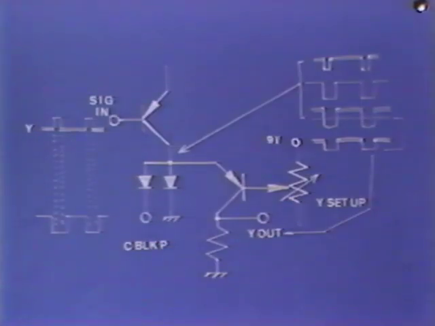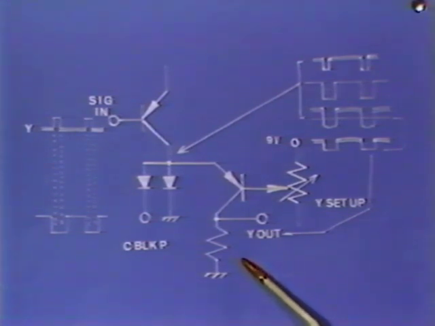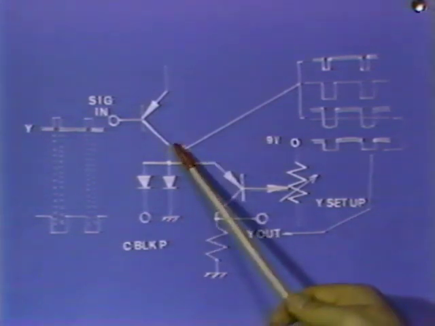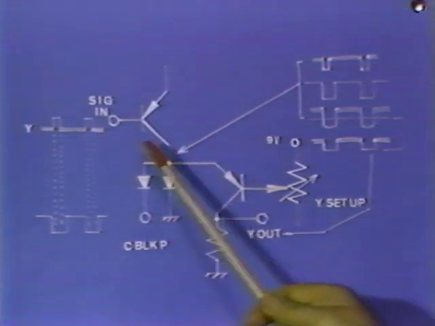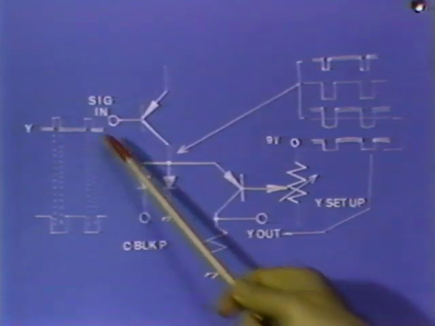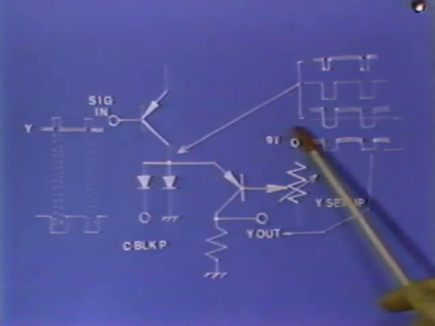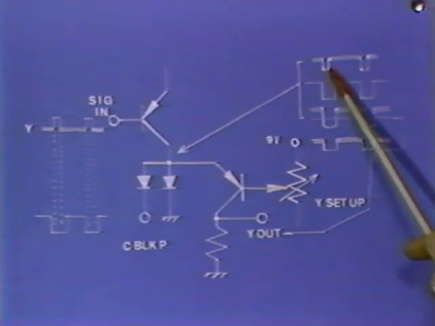The diagram here shows the blanking signal addition and the setup level adjustment circuits. The image signal enters the X225 base to be amplified and reversed on its collector side. The result is this wave pattern.